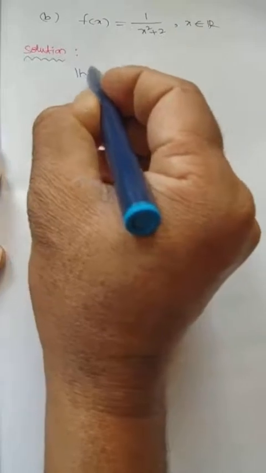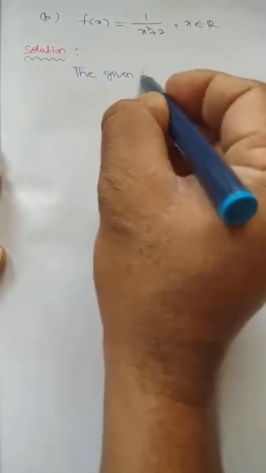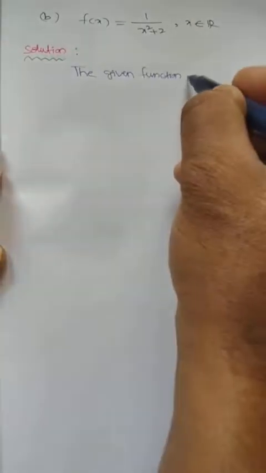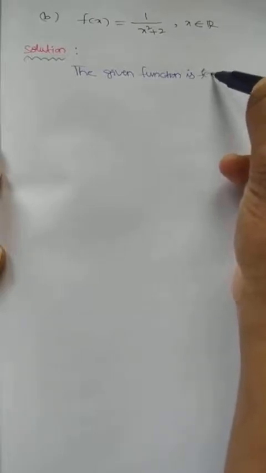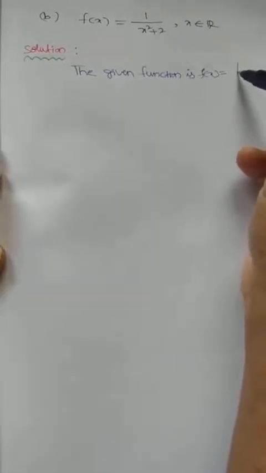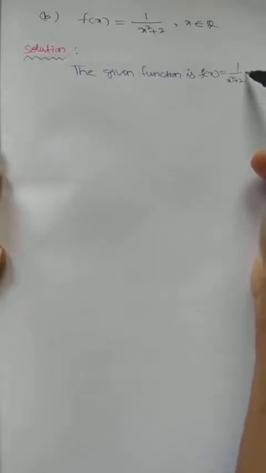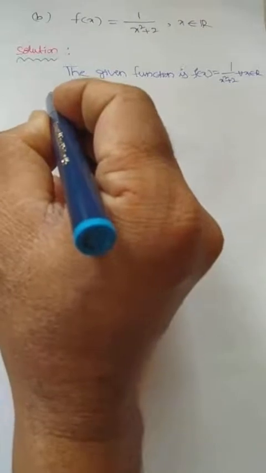The given function is f of x is equal to 1 by x square plus 2 for all x belongs to R, real number system. Okay. Now as usual, the first step is what now?